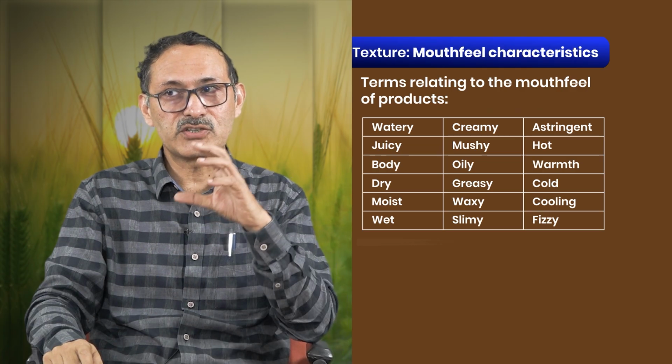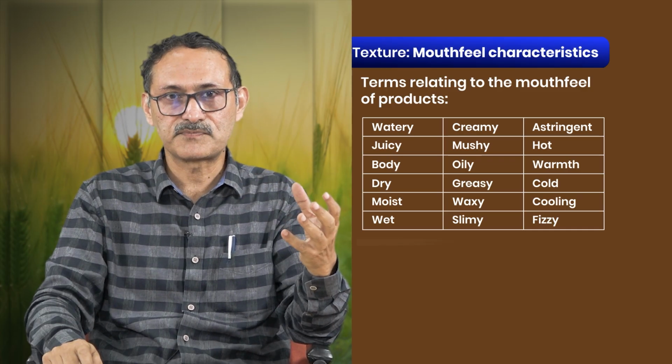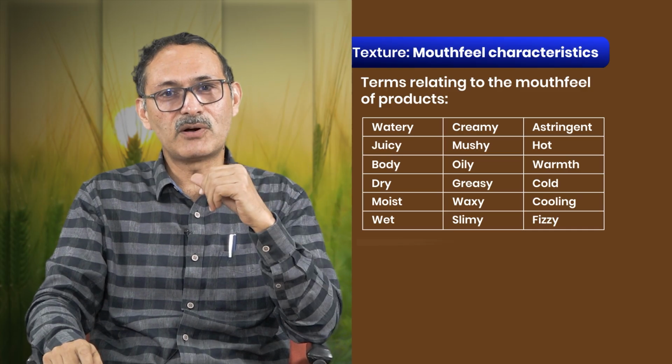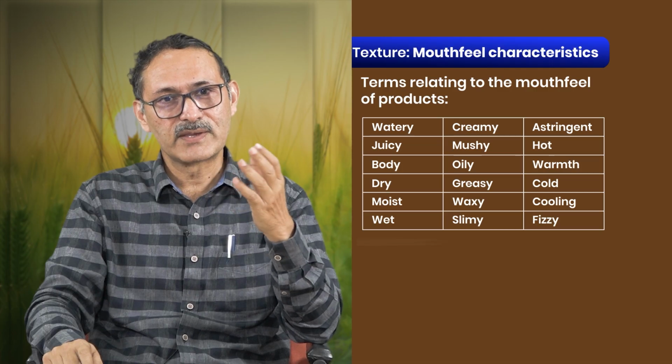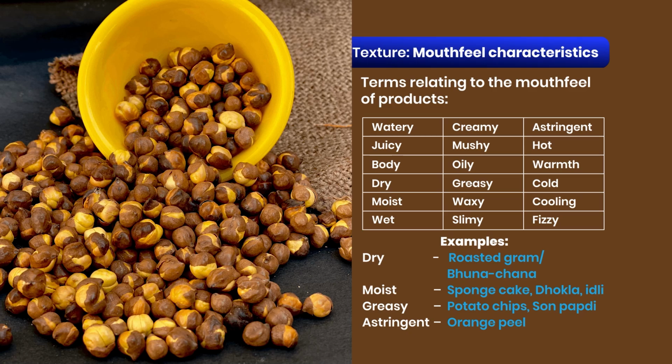And within the texture, when texture is perceived, a mouthfeel is developed. And on the basis of the mouthfeel, texture is also defined. Say, for example, a product like roasted chana, bhuna chana, can make your mouth feel just dry. So the mouthfeel is dry.